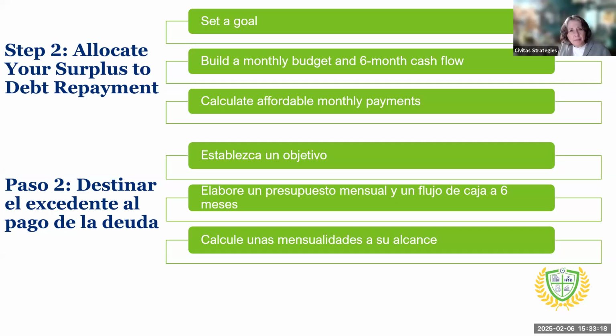You've got the budget, you've got the cash flow, you understand your financials, and what is realistic to put as repayment to your debts every single month. We know it has to be at least the minimum payment, but we're looking for far greater than the minimum, because we want to pay that debt down fast. The faster we pay it off, the less money we spend, the more money we get to keep.